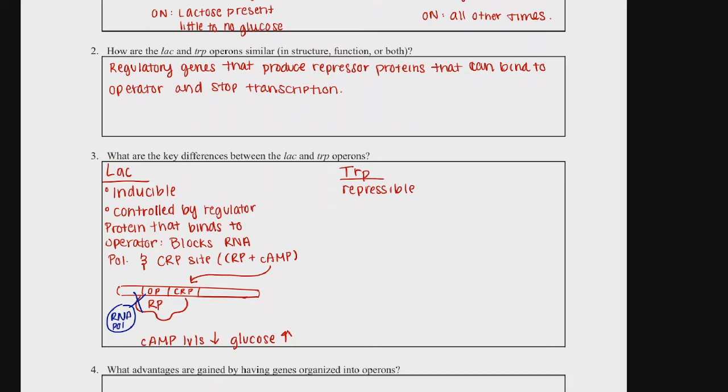And this makes sense. So if glucose is low and cyclic AMP is high, then it's going to encourage a cell to express the genes of the lactose operon. It's going to break down lactose into glucose and galactose. So now we have glucose again. We had a low concentration. We're trying to replenish that concentration.